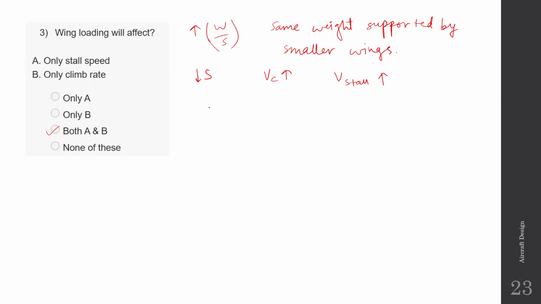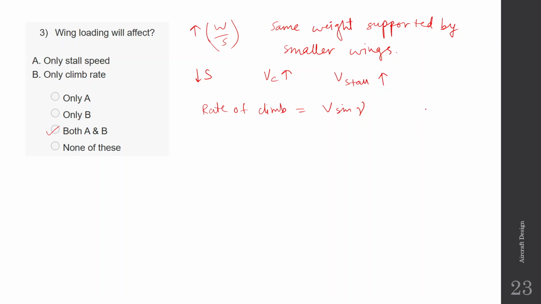Now coming to climb rate, ultimately climb rate is also a velocity. If you remember, the rate of climb is your V sine gamma. So it is the vertical component of your aircraft velocity.